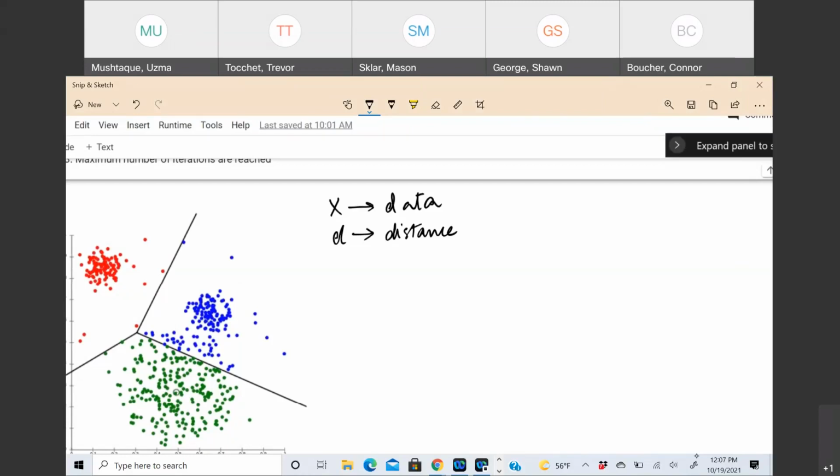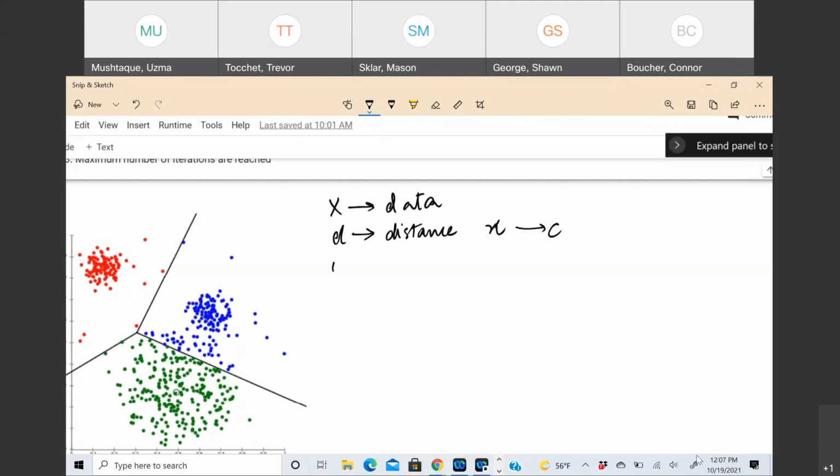Generally speaking, D is a distance between any 2 points, but now I'm interested in calculating the distance of a given point X from its centroid C. So basically, I'm going to compute the Euclidean distance between the centroid and every data point. That's the fundamental idea.